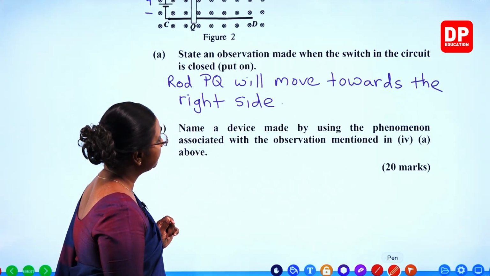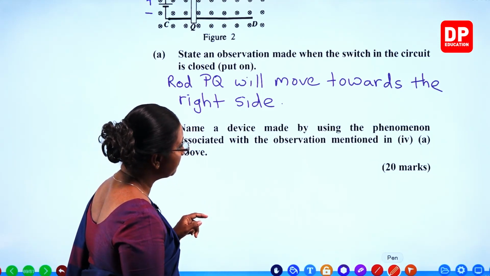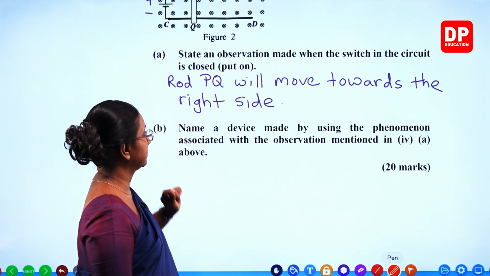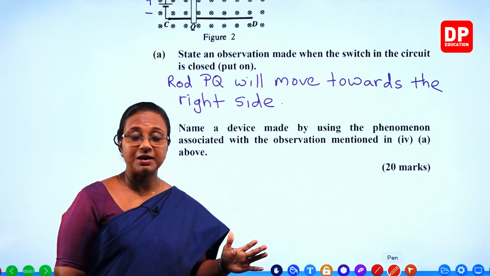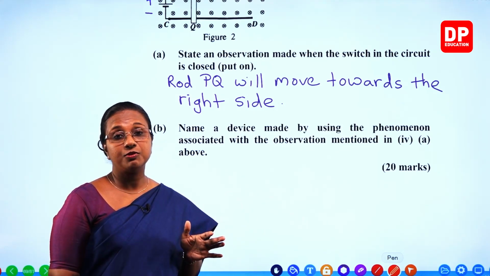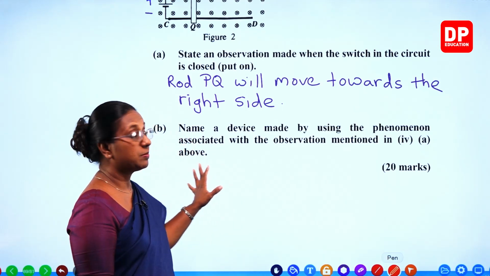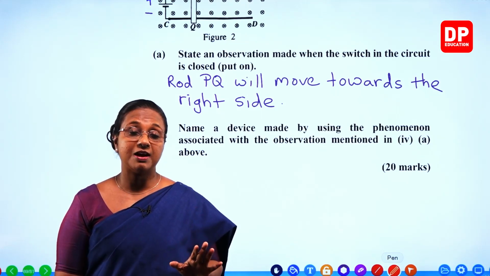So then, the B part of the question: name a device made by using the phenomenon associated with the observation mentioned in part 4a above. So, when there is a magnetic field, a conductor is placed in the magnetic field, and when current flows through it, there is a force acting on it. Now, based on this principle, we have discussed different devices.